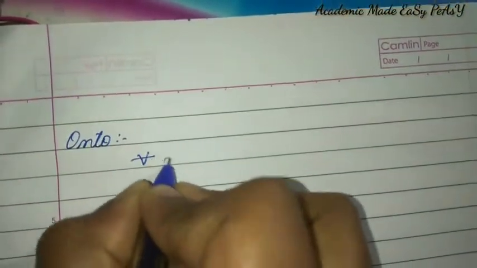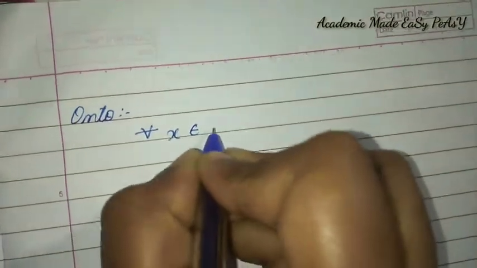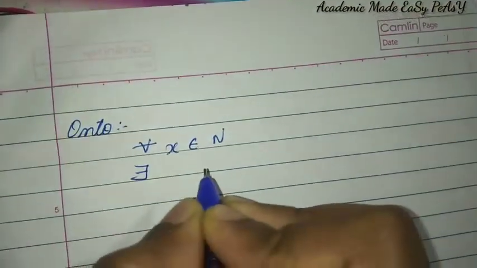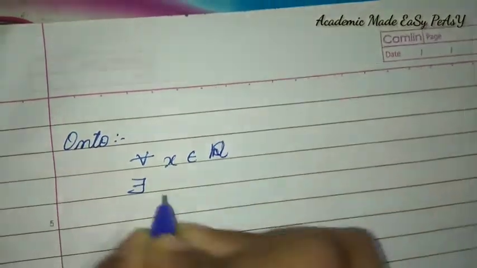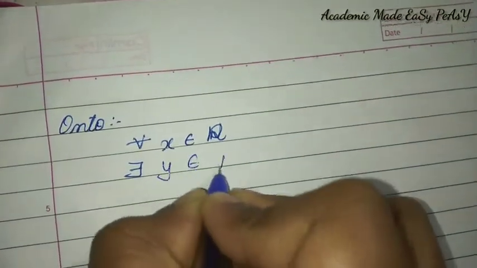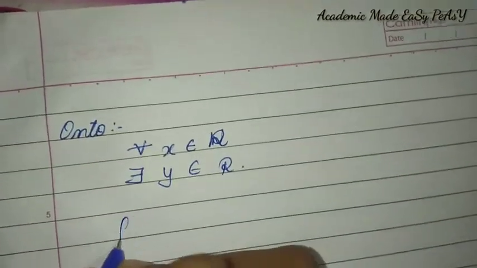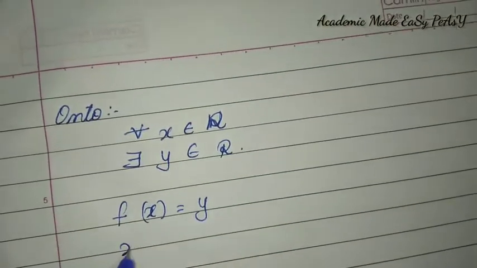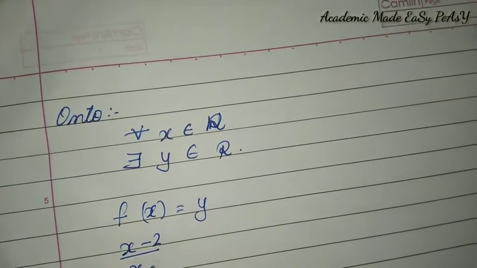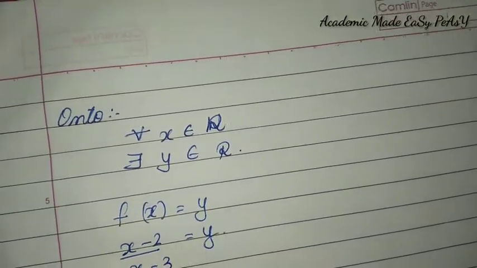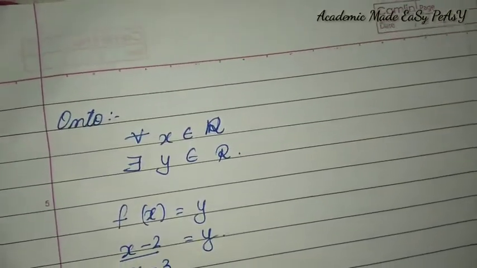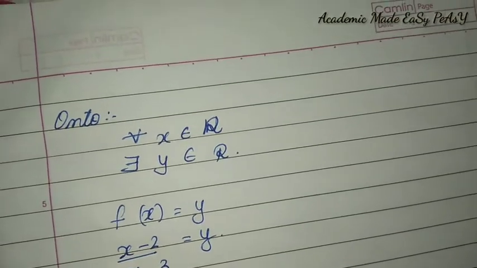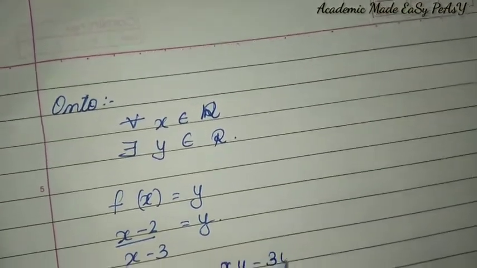Okay, for every y belonging to B, there exists x belonging to A. So f of x is equal to y. So (x minus 2) by (x minus 3) is equal to y. So x minus 2 is equal to xy minus 3y.